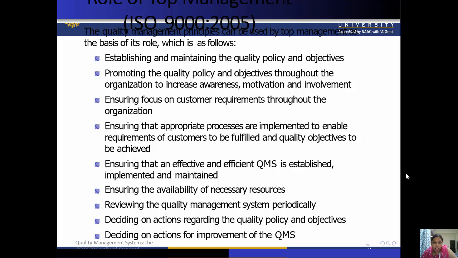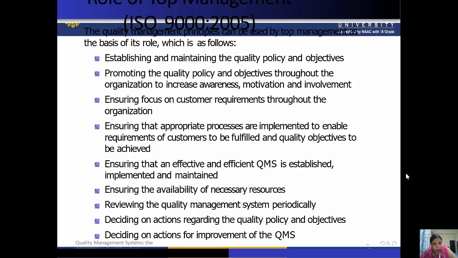Okay, so according to the QMS, the decisions: is there involvement in the QMS during the decision, or are decisions on the action regarding the quality policies and objectives taken by the top management or not?